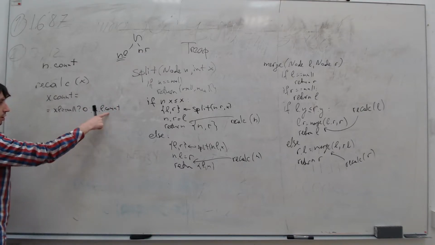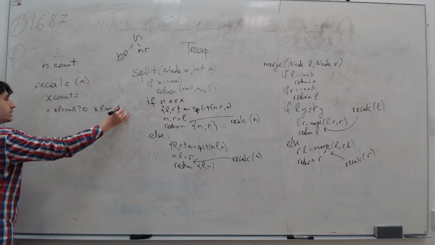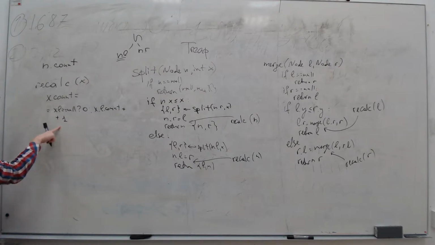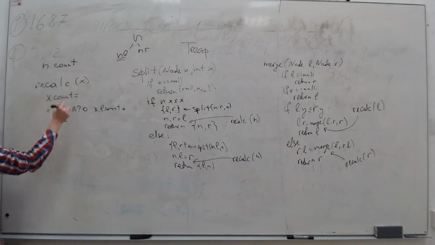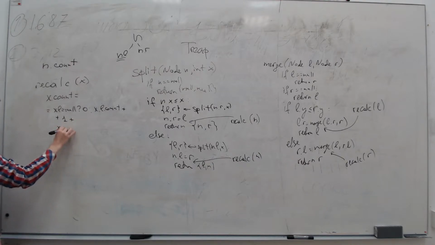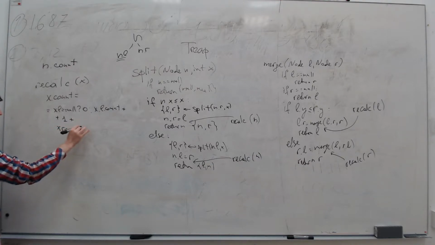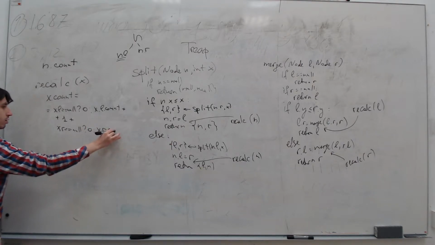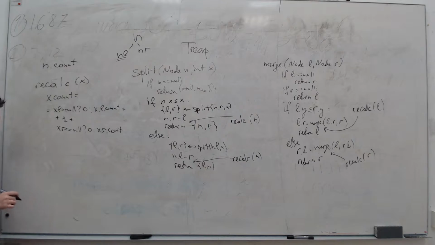So we take the number of nodes in the left subtree, then we take 1, because this is the node which is ourselves, x, plus 0 if x.r equals null, otherwise r.count. So this is how we recalculate the number of elements in the subtree.